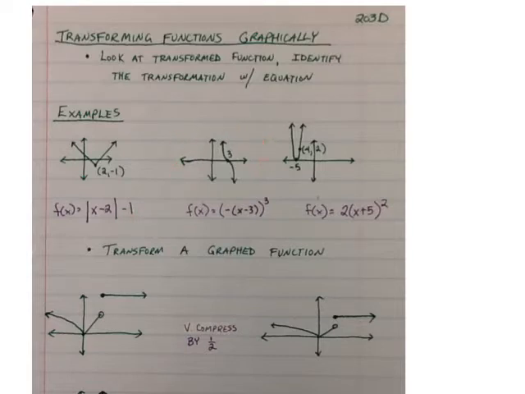In the second example, we have what looks like a cubic, and that crosses at the value of 3. However, we should remember that cubics actually start low and finish high, so this looks like it's been reflected over the x-axis.